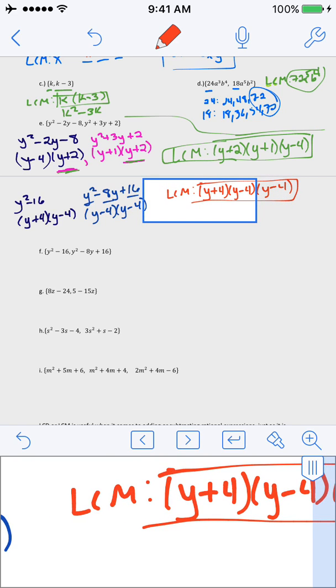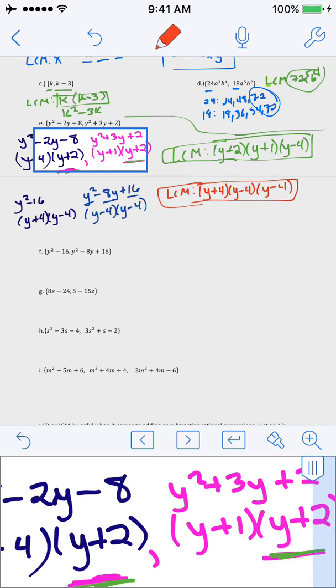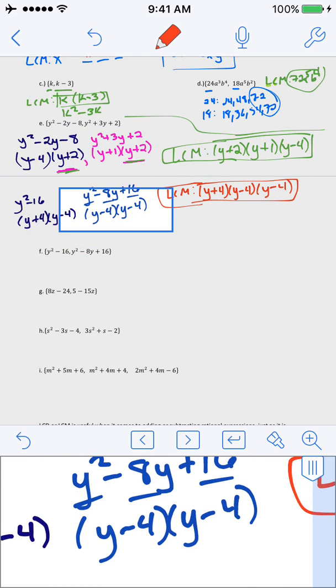Now, be careful. Up in the last problem, they each had a single y plus 2. They both had it, so I don't want to double, but they both had one. And so we only wrote one down, right? Here, this lighter blue polynomial had 2 y minus 4s, okay?